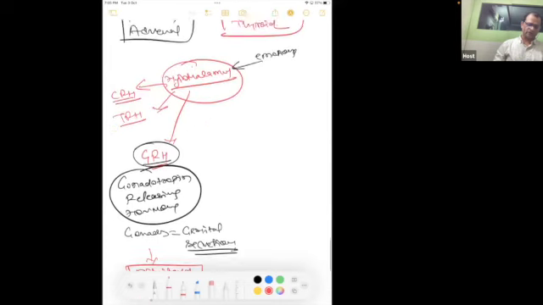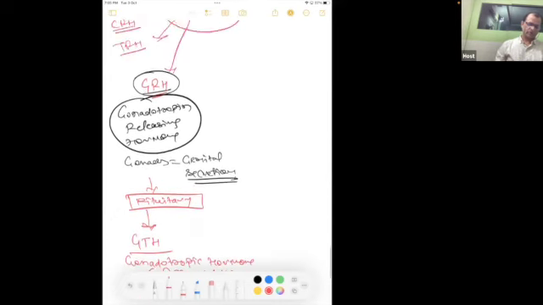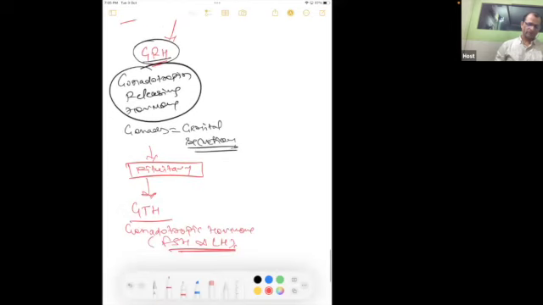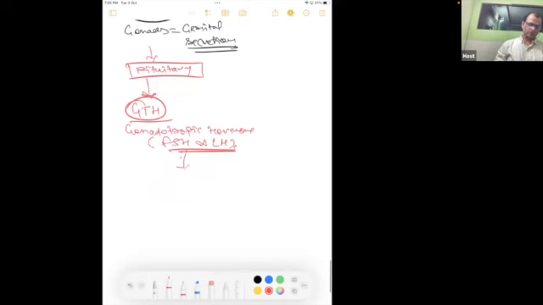So in this chain we can see GRH coming from the hypothalamus, GTH coming from the pituitary gland. Now this will work on the ovary and testes.